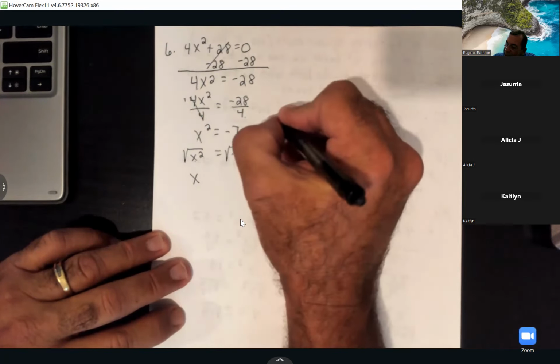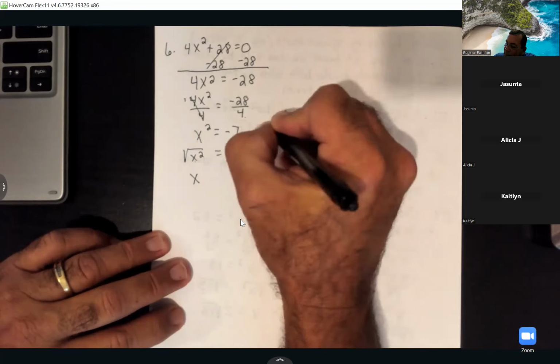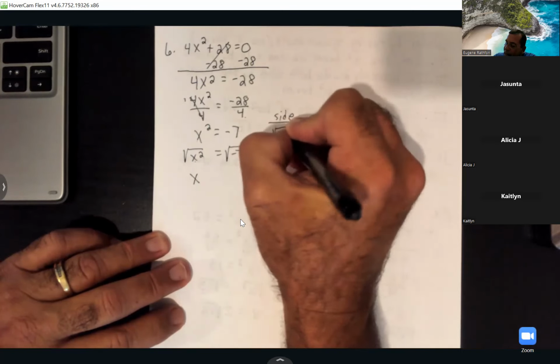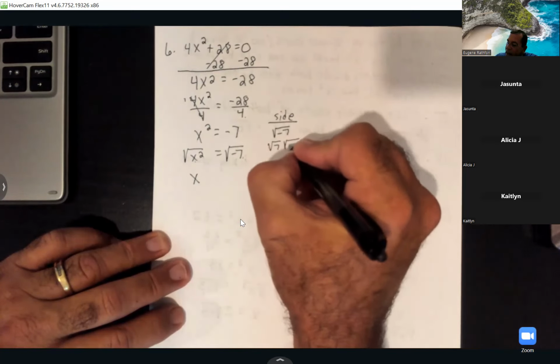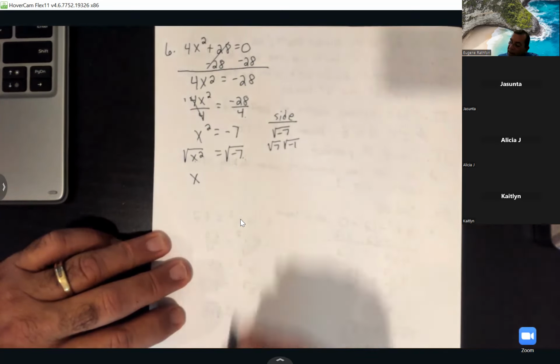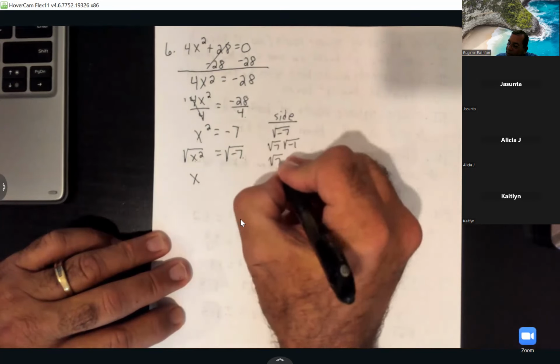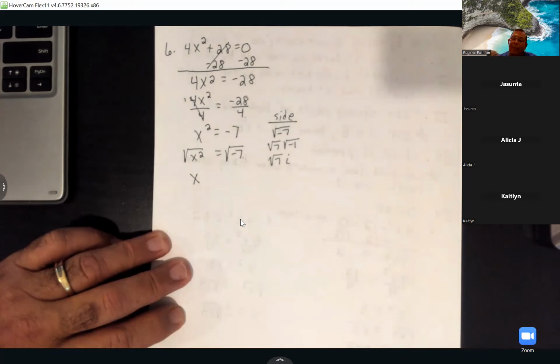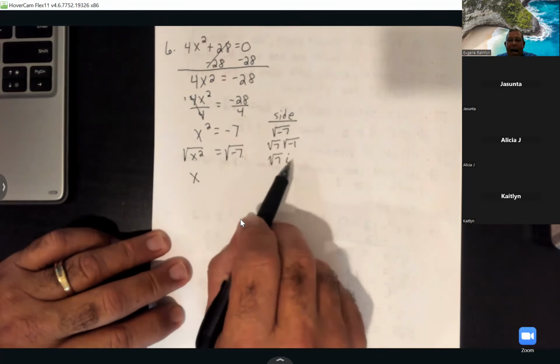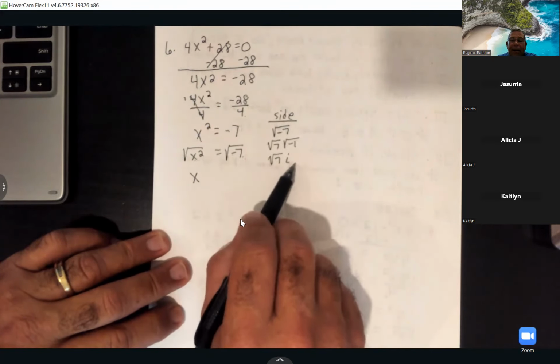So on the side, remember, square root of negative 7 is like a square root of 7 times a square root of negative 1. And that's going to give me a square root of 7 times i. So if it's negative underneath, you got to bring it out as the i.